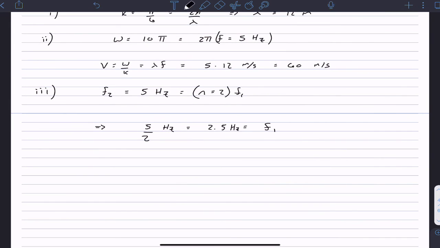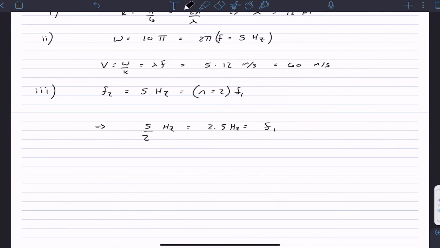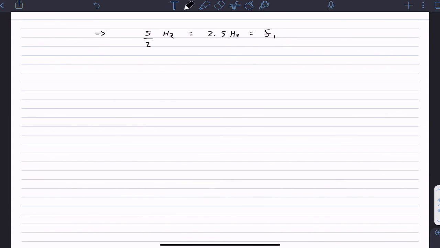I'm not sure if I was clear about what I was doing, but we have the relationship nv over 2L. We could do that, actually. Yeah, that makes sense. And then you could also confirm it by just using the formula that we know, the speed of the wave.